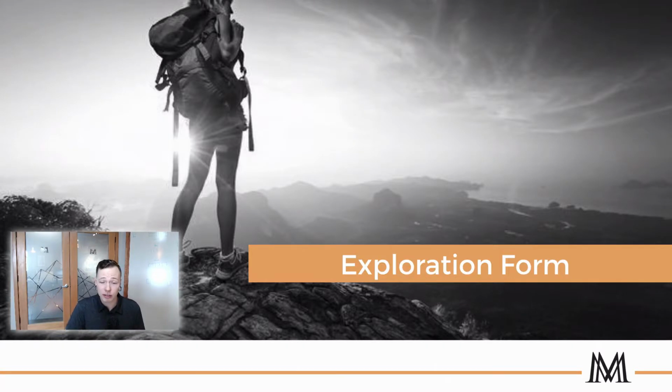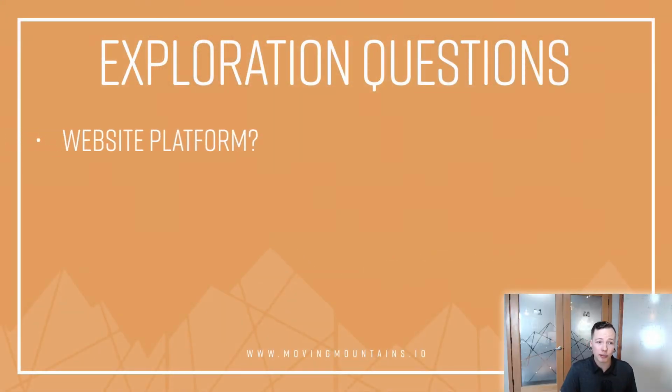Let's dive in though. Inside of step 1 of the roadmap to online domination, I believe there were 6 steps here. Exploration form. So what questions do we need to ask ourselves to know where we're going in the future or what we need to do? Question number 1, what website platform are you using? This is extremely important because there's a lot of limitations with other sites.